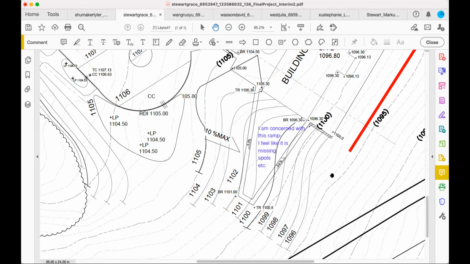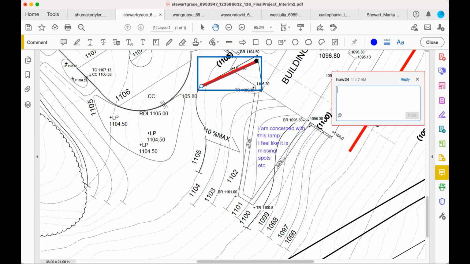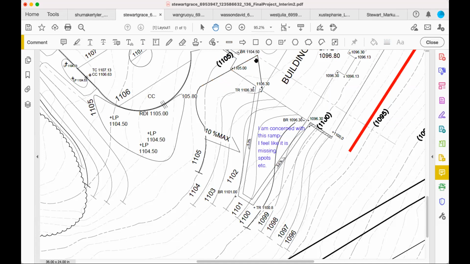So the general layout 1096.3, that's okay. And we should make it 5%, not exceeding 5. We then need to start laying out the contours on the ramp. So if this is your 6, we need to change the line type. That's actually the 6 instead of the 5.